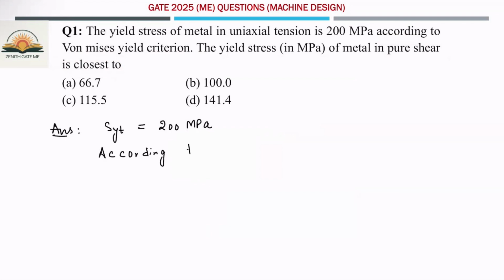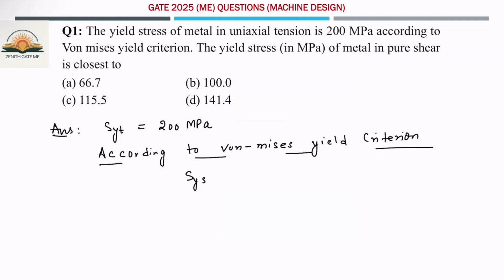According to von Mises yield criteria, you know the relation between the yield shear strength and the yield tensile strength. So the yield shear strength is nothing but the yield tensile strength divided by root 3. So the yield tensile strength is given as 200.